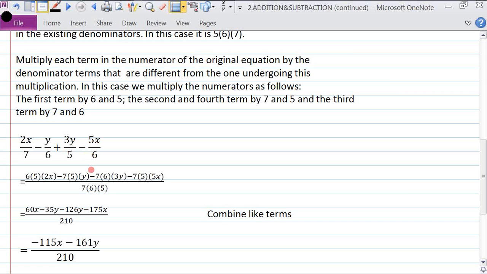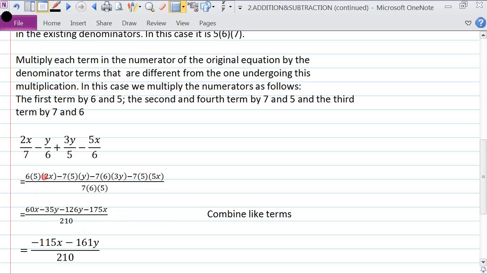I'm sorry, over here, this should have been multiplied by 7 times 6. That's why I started to hesitate here. Anyway, you can just check it over, make sure you've done everything right.